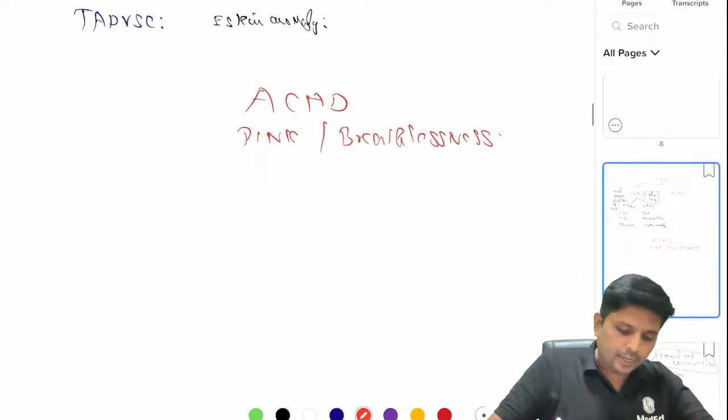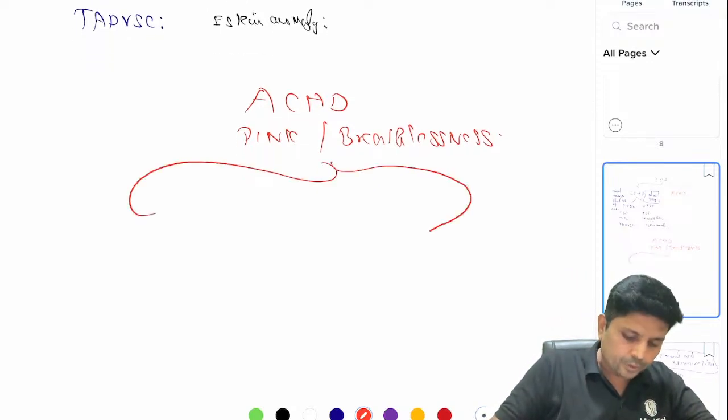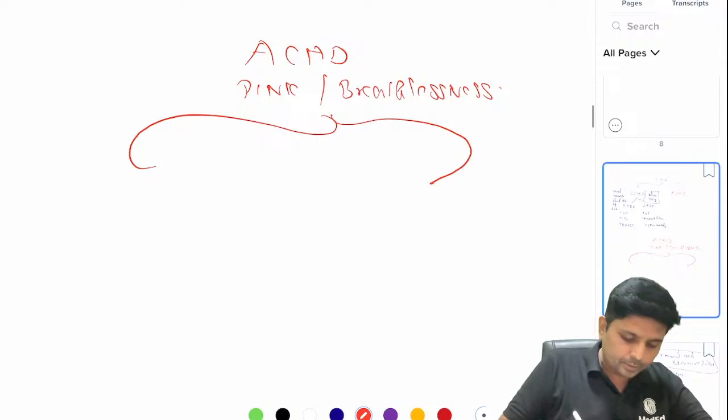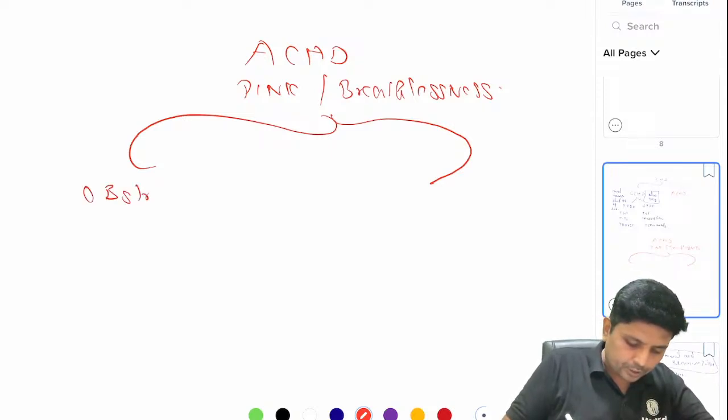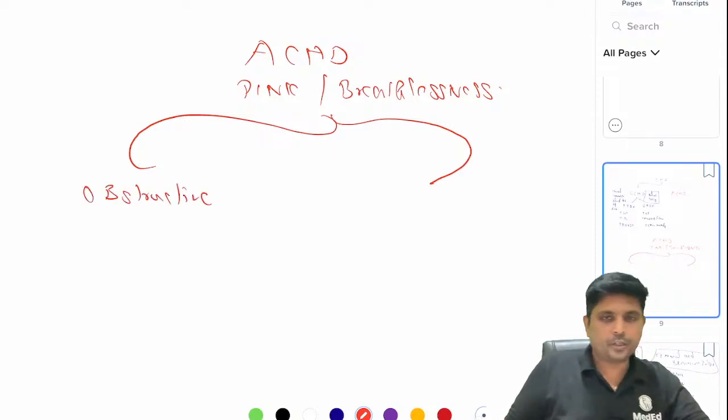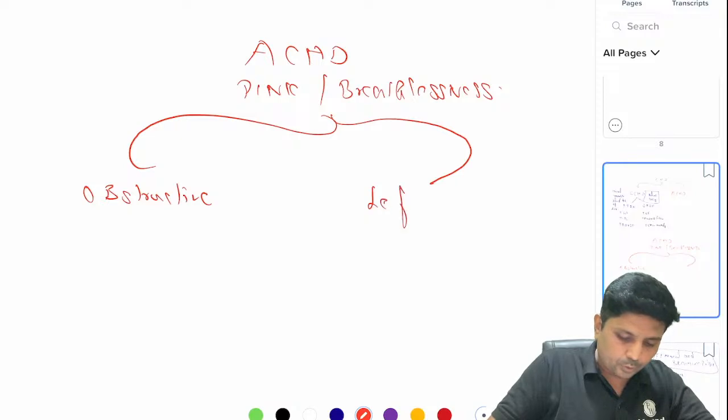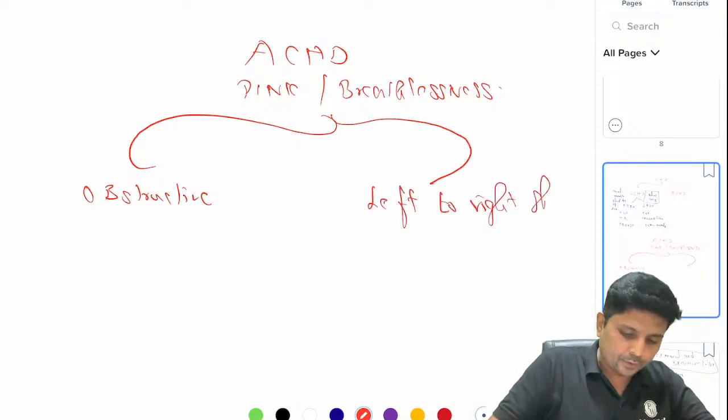In acyanotic congenital heart disease, you divide into two. One is obstructive lesions. Second one is left to right shunt.